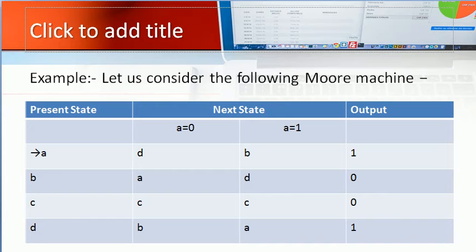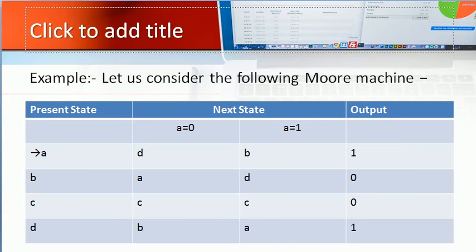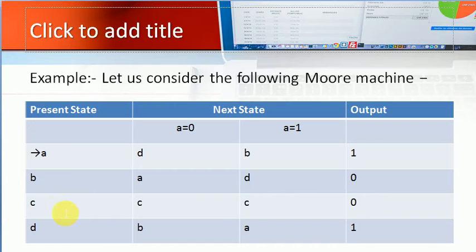Simply, we have written here the same: A output, D output 1, B output 0, D1, D1, A1, A1, D1. So we can see the similarity: C0, B0, and here also C is 0 and B is 0. We have just copied that.